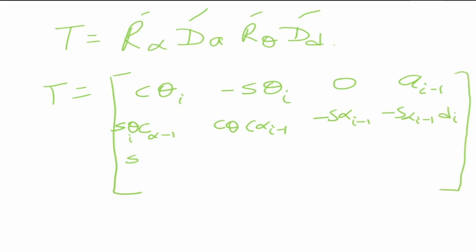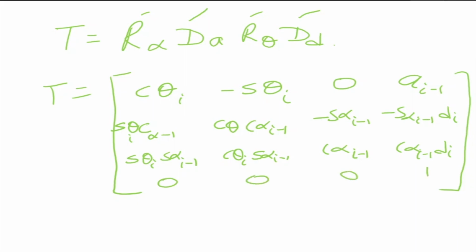And this one is sin theta i sin alpha i minus 1, cos theta i sin alpha i minus 1, cos alpha i minus 1, cos alpha i minus 1 d i, and 0, 0, 0, 1.